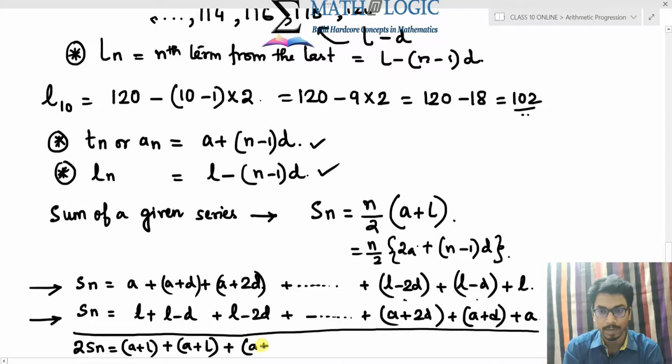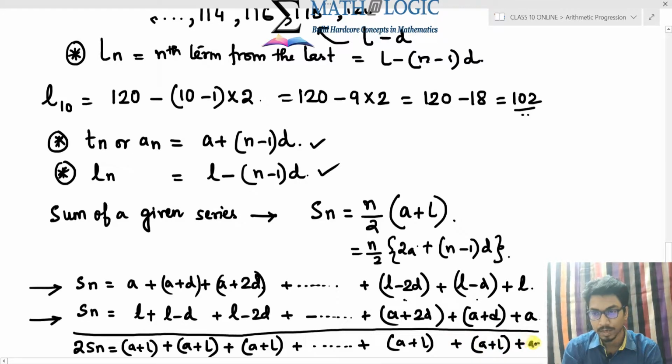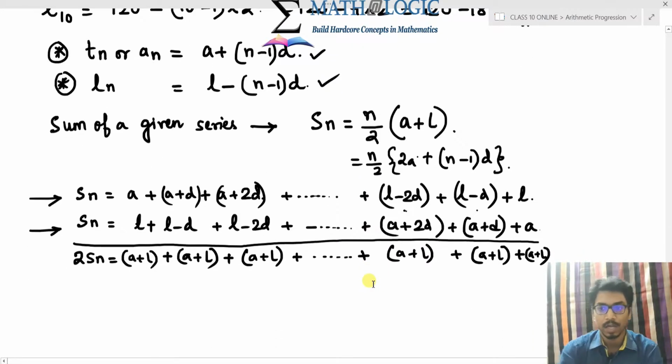That means again A plus L, and so on up to A plus L. Up to this much it is clear? Okay. Now see how many A plus L we are getting. Suppose this has n terms. Here also there are n terms.